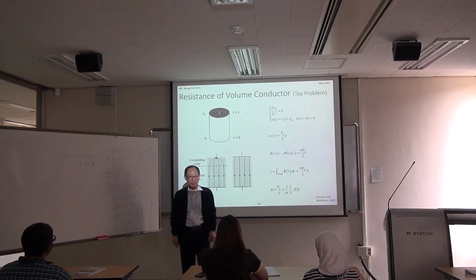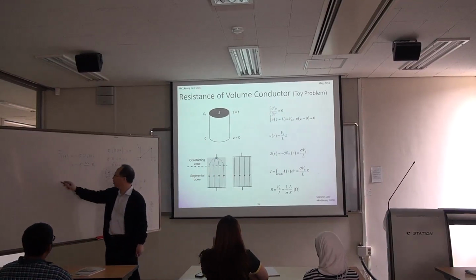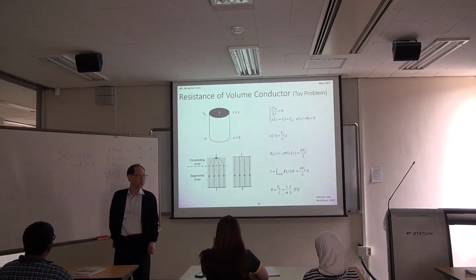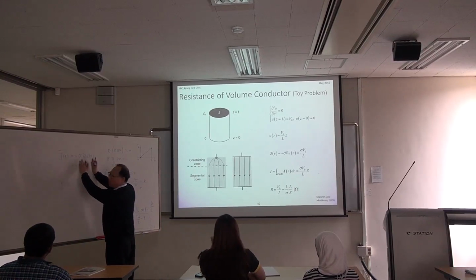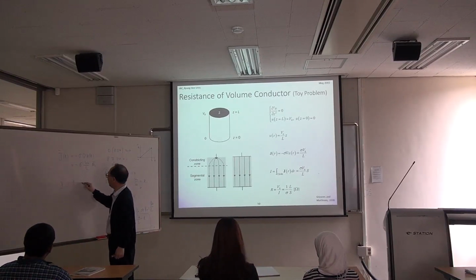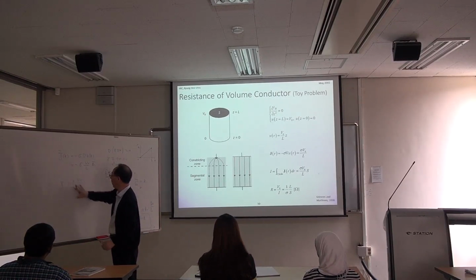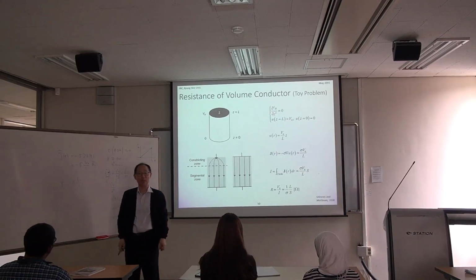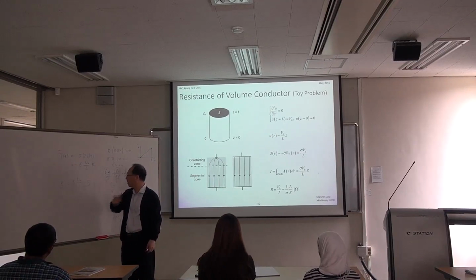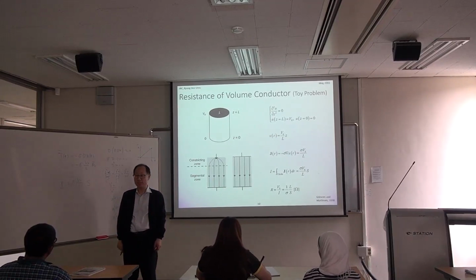That makes sense, right? Then what's going to be the total current? Total current is the magnitude of the current density, sigma V0 over L, multiplied by the surface area S.